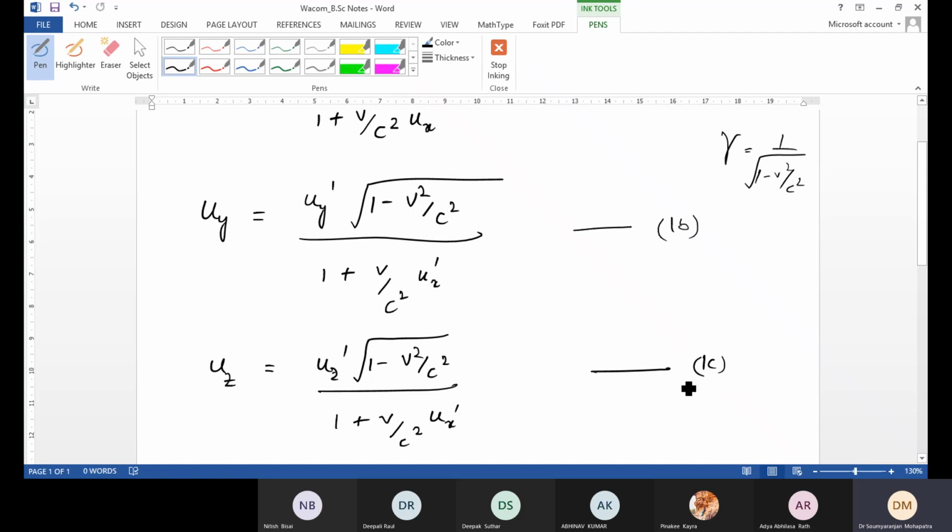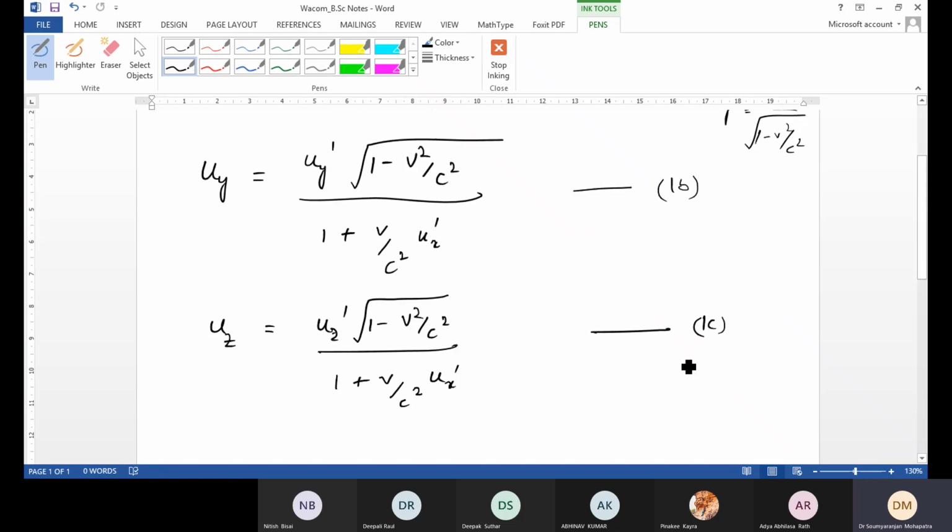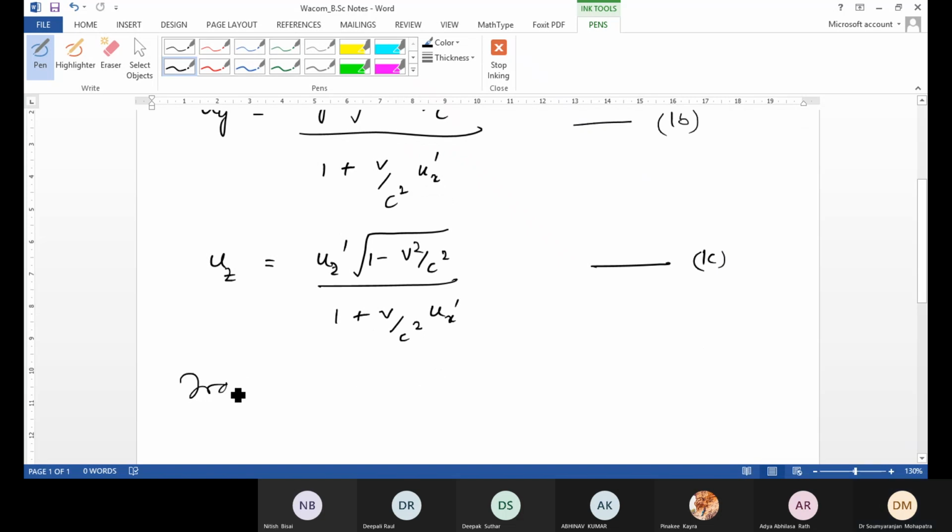So these three equations are known as the transformation equations of velocity. Understood? Yes or no? So this part we have already derived.